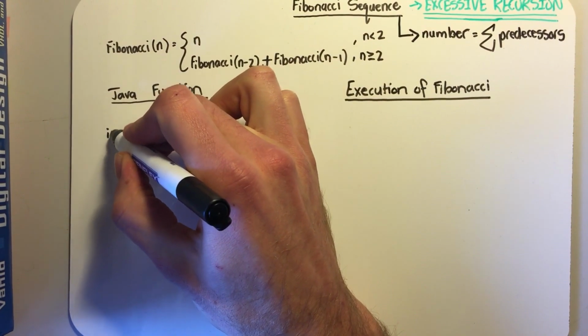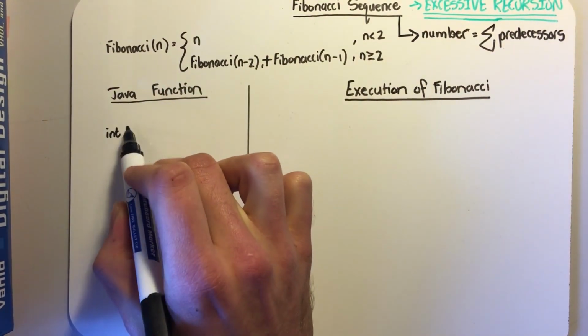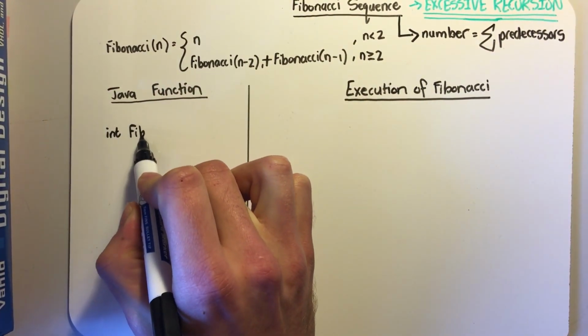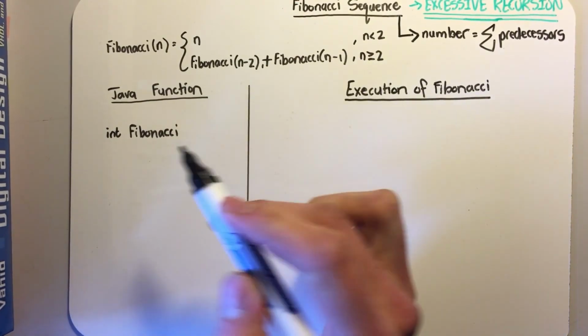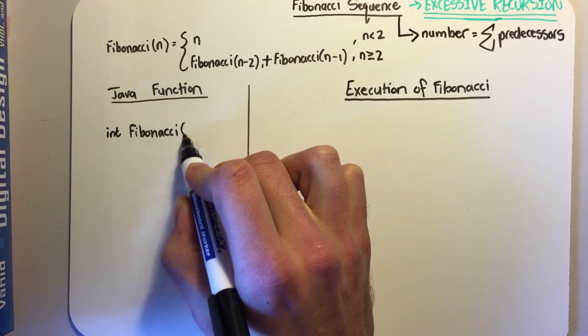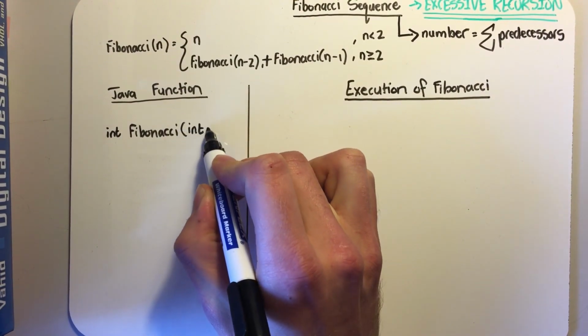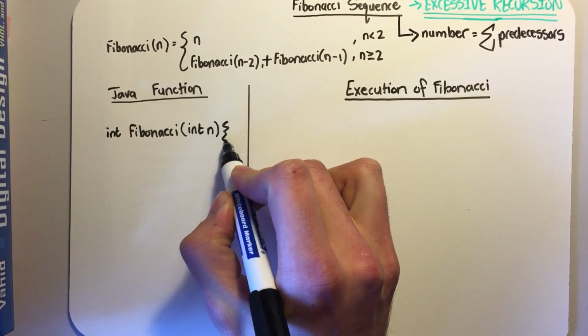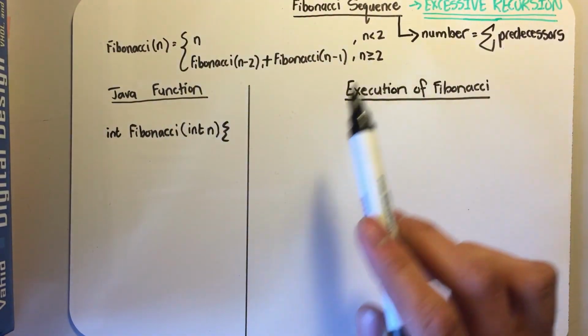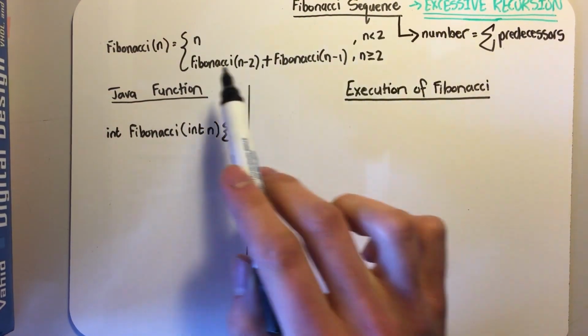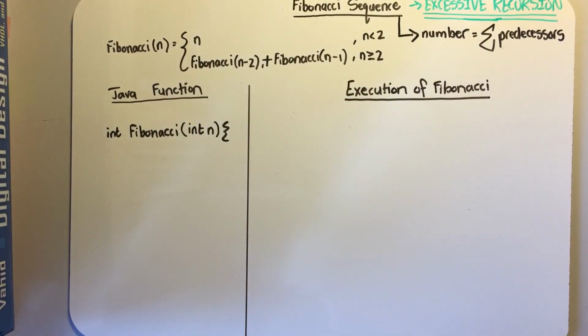So int Fibonacci. I'm just going to return an int, I'm going to call it Fibonacci, and it takes in an integer n. So how are we going to work this? Well, we just look at our two cases: we have n if n is less than 2, and we have this if n is greater than or equal to 2.